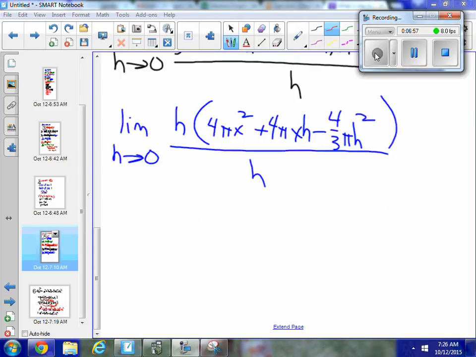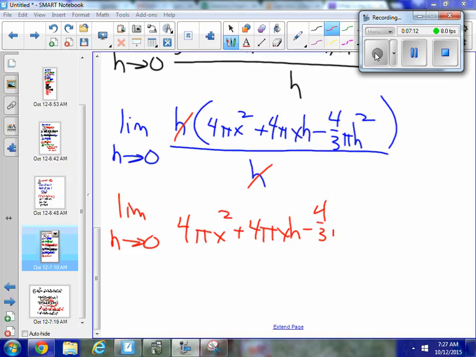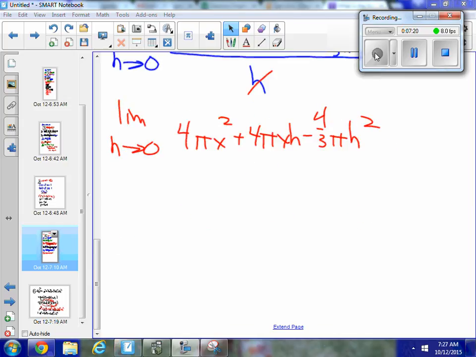And so I have the limit as h approaches 0 of 4 pi x squared plus 4 pi x h plus 4/3 pi h squared. And as h approaches 0, this is going to go away, and that's going to go away. So I'm left with 4 pi x squared.